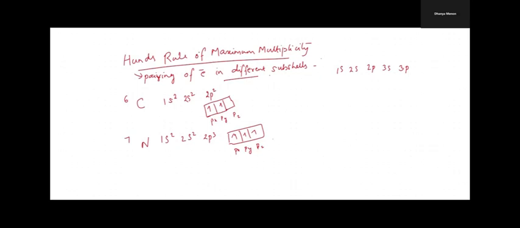Now the next one is oxygen. Oxygen is 8. So 1s2, 2s2, 2p4. They try to be unpaired first, and if more extra electrons are there, they try to pair up.